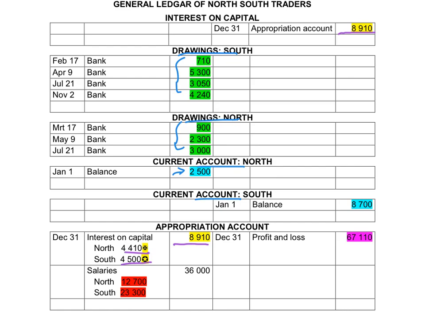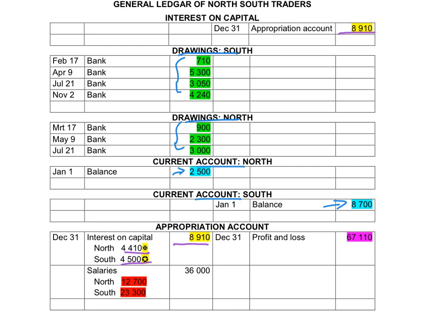That indicates that he took too much money the previous year, so he actually owes money to the business at the beginning of the year. The current account of South has a credit balance that indicates that he didn't take all the money he was entitled to the previous year, and therefore the business owes him money.